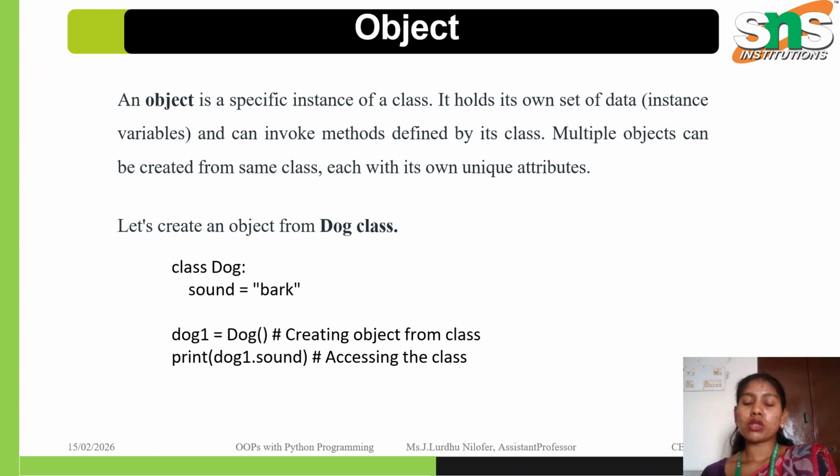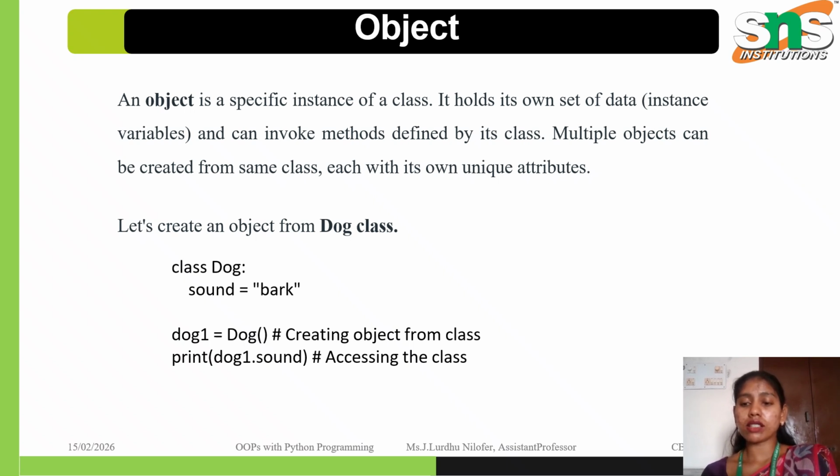So a class can have multiple objects. We can create more than two objects from one class. Multiple objects can be created from the same class, each with its own unique attributes.